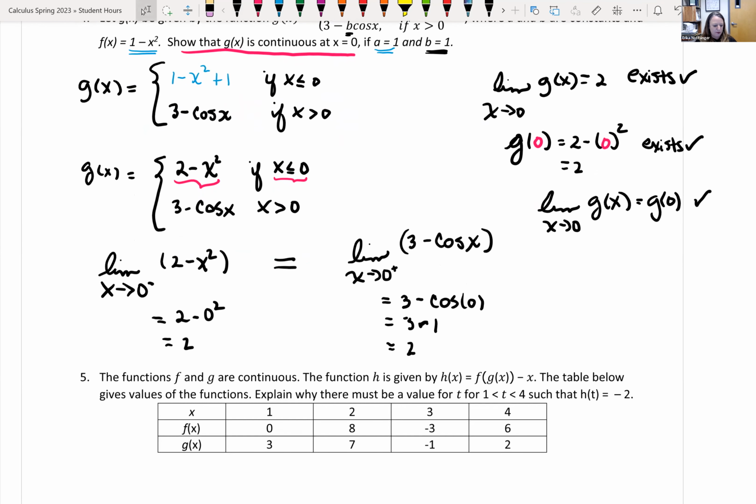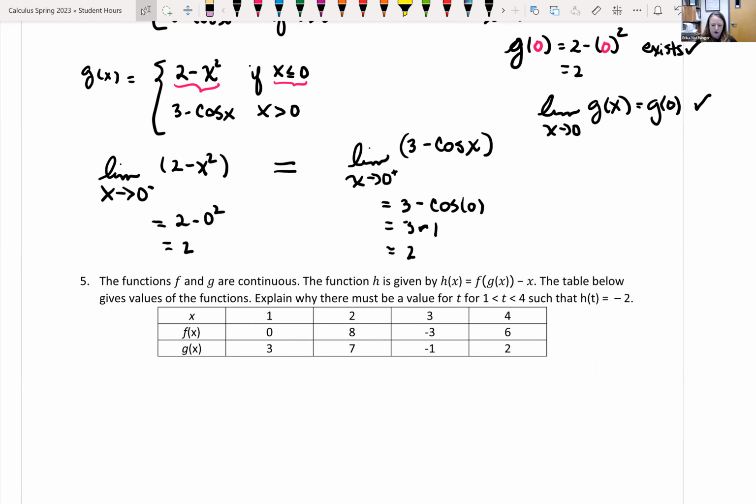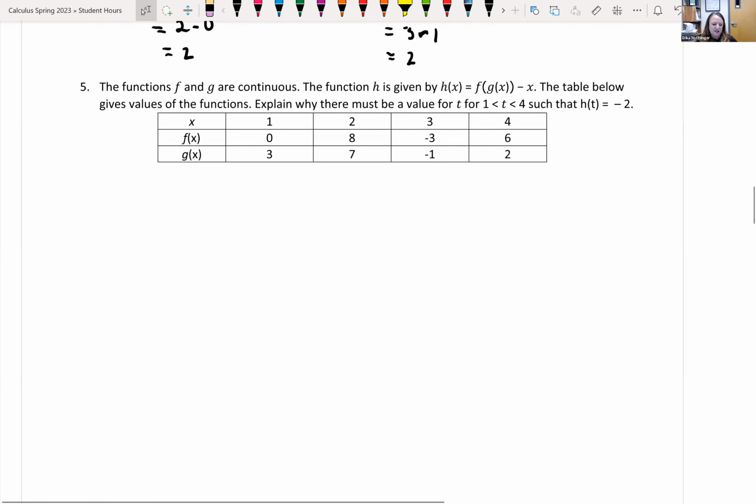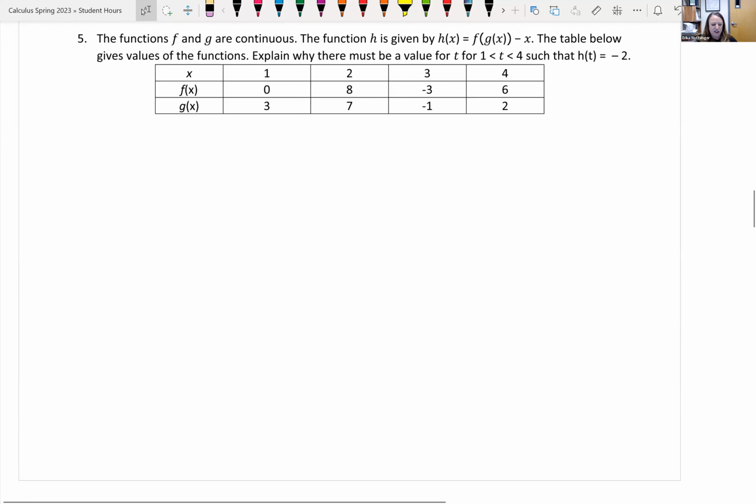Okay, so question number 5. So we're given that f and g are continuous. The function h is given as h of x equals f of g of x minus x. The table below gives us the values of the function. Explain why there must be a value for t for 1 is less than t is less than 4 such that h of t equals -2.